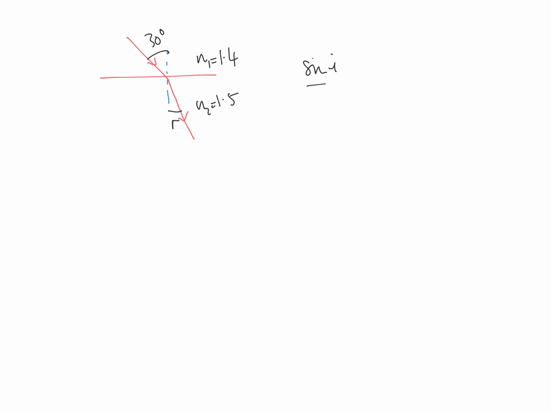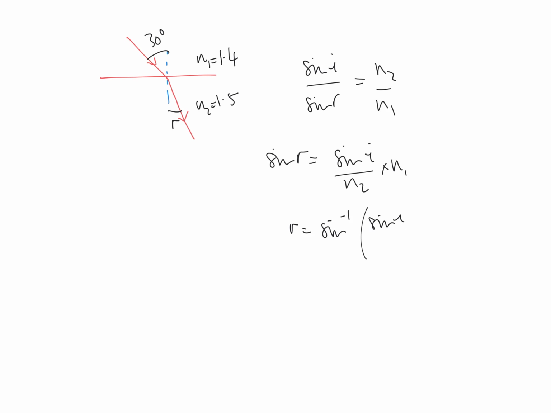Sine i, let's write down the identity first. n2 over n1. Sine r is going to be sine i over n2 by n1, therefore r is going to be sine to the minus 1 of sine 30 over 1.5 by 1.4, whoops, inverse sine, got a bit carried away.